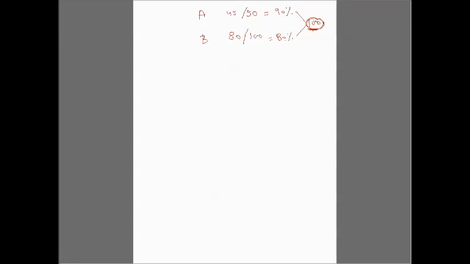Now suppose we have some value that is equivalent to 30%, and we have to calculate the 100% value. Suppose this is X. Our general approach is to apply the unitary method, like X by 30 into 100.